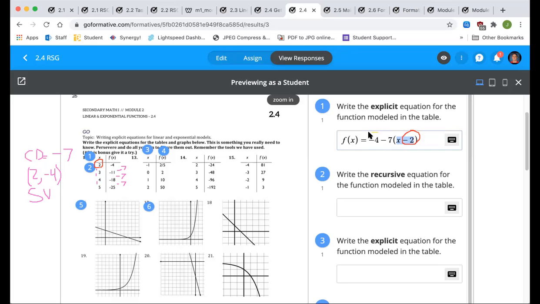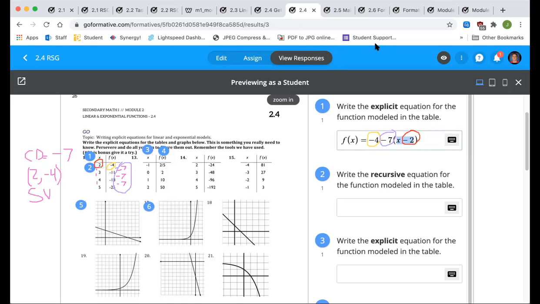This minus 4, this is our start value. That's because of that minus 4. And that negative 7, oh, let's go with purple. We like purple. This negative 7. Oh, I should have gone pink to match this pink, but that's okay. So that's where those different numbers come from in that explicit equation.